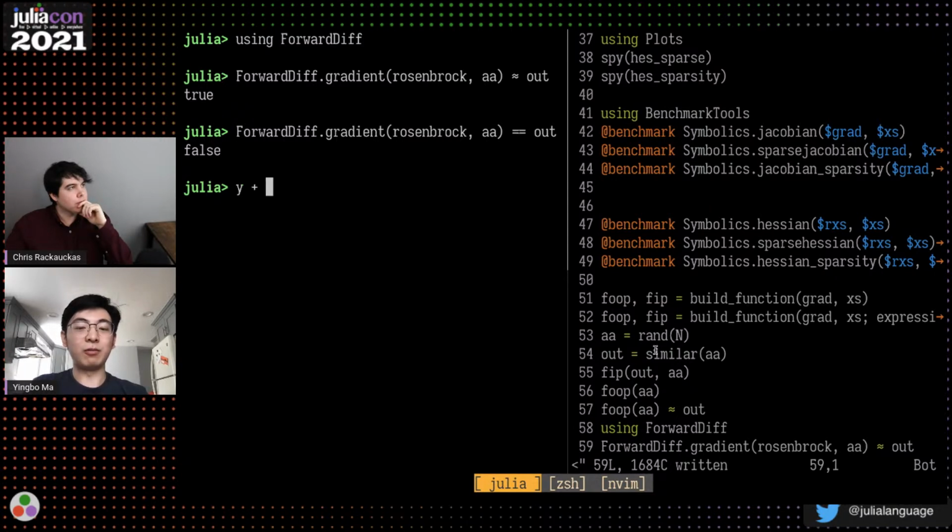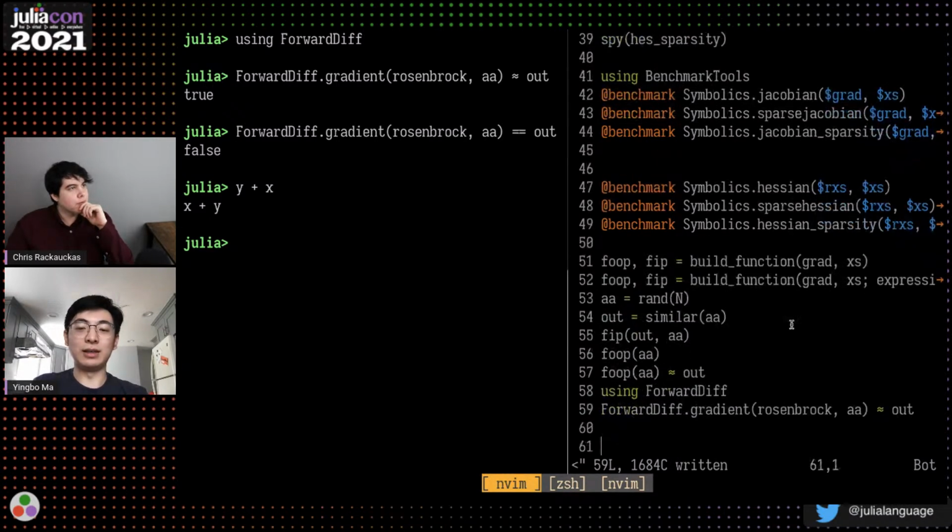So if I do y plus x, that will actually return x plus y. So there is some ordering by default. And because of this alternative ordering, it could result in some numerical differences in the order of machine epsilon.